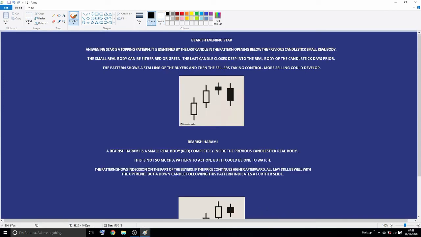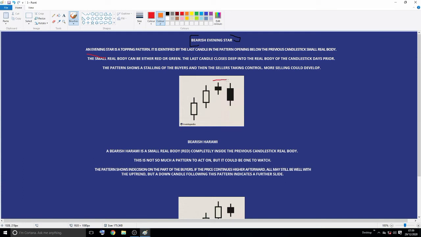And then we have a bearish evening star. An evening star is a topping pattern. It is identified by the last candlestick opening below the previous candlestick's small real body.